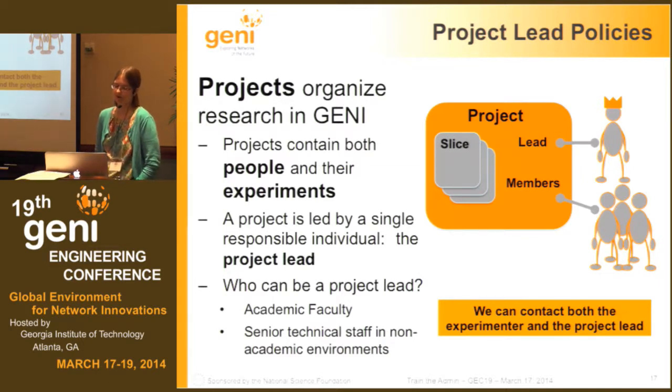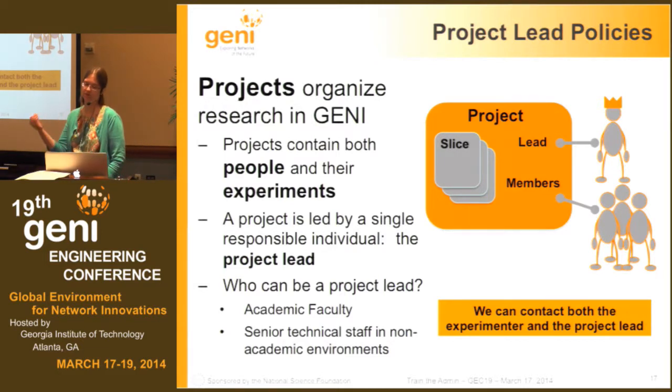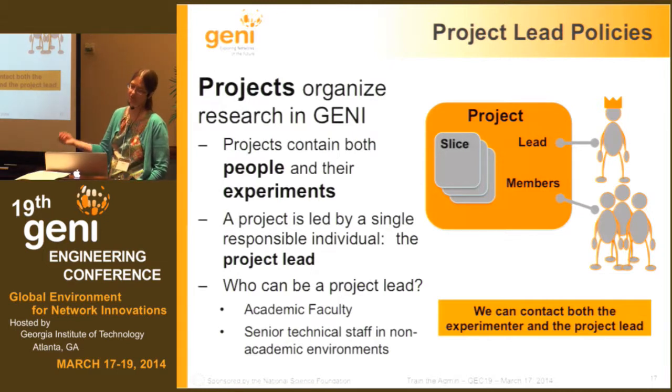It's possible to have an exception made, but the approval process there is a well-oiled machine. If you get this project lead status, that allows you to create projects, not just one project, you can create multiple projects.